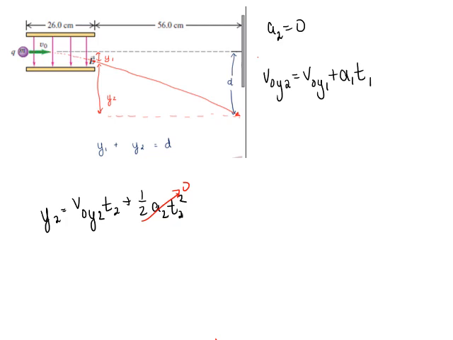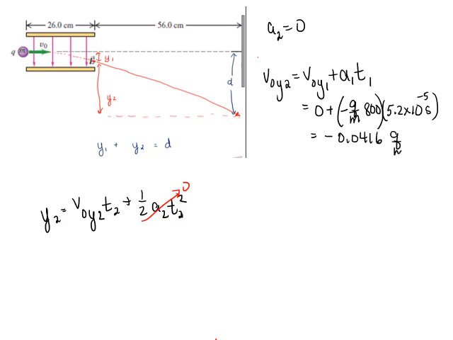We're trying to find a final velocity, the velocity when it leaves the capacitor. v0y1, that's 0. a1, we found that on the previous slide, that's minus q over m times 800. t1 we also found on the previous slide, 5.2 times 10 to the minus 5 seconds. That gives us a v0y2 of minus 0.0416 times q over m.